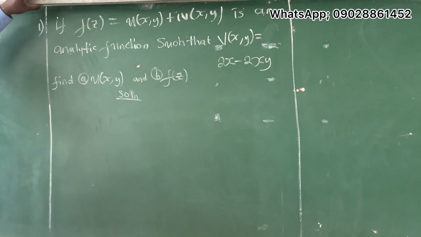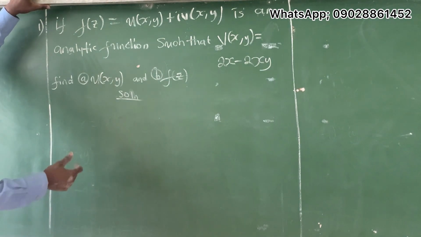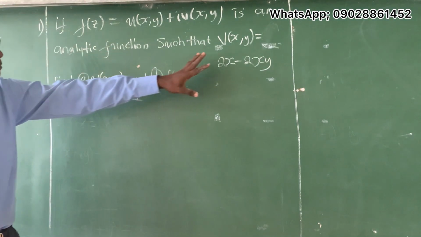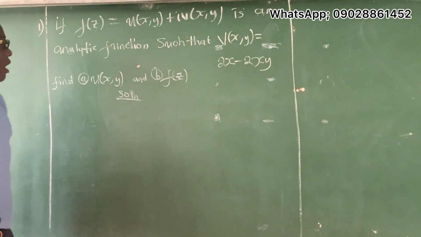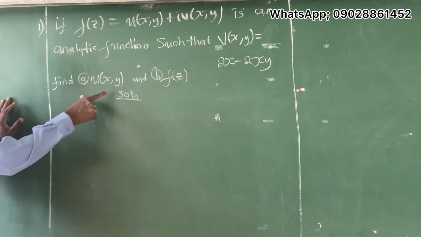Check this out. We have that the imaginary part is 2x minus 2xy. And now we are asked to find the real part.